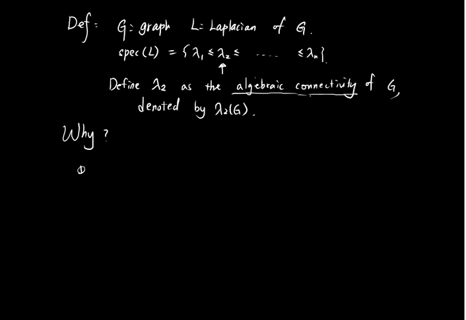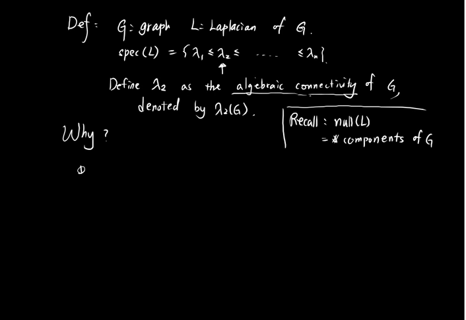Before the first point, I want to recall some fact. Recall that the nullity of L is equal to the number of components of G. This is what we learned at the very beginning when we started talking about the Laplacian matrix.